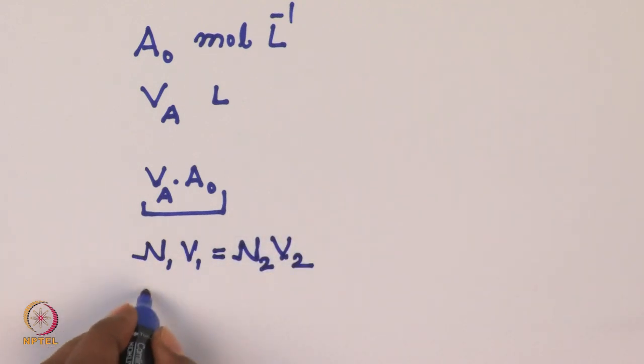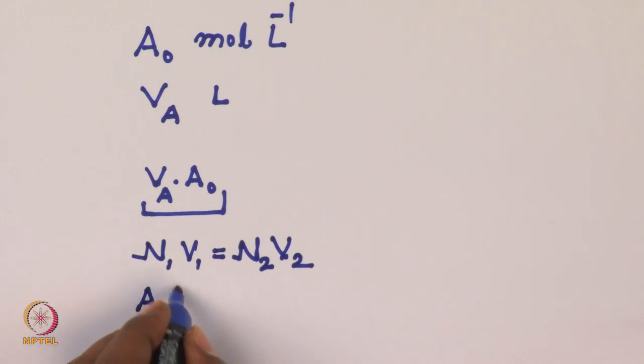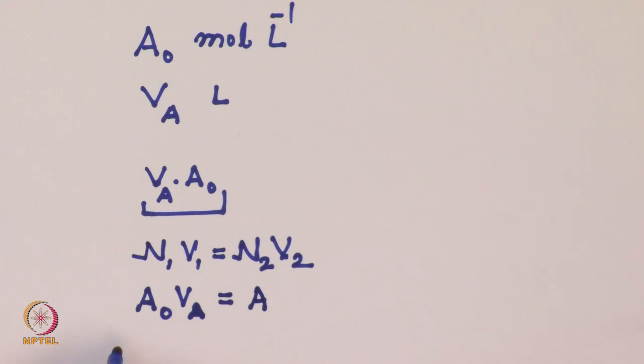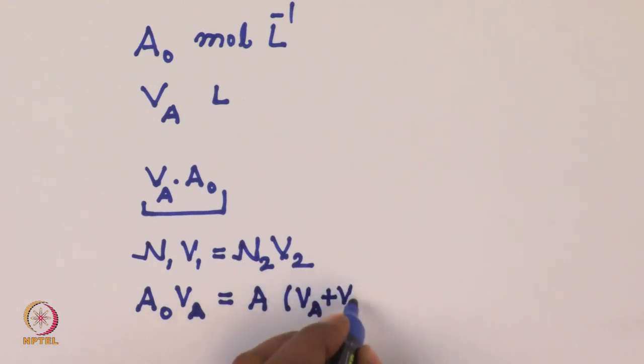So, initially it was A0 and we took Va centimeter cube of the acid. This has to be equal to the final amount A, and the total volume is Va plus Vb.